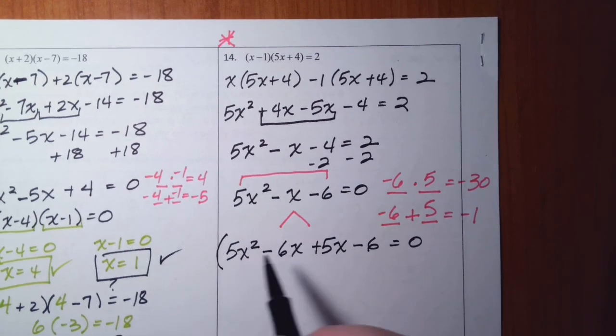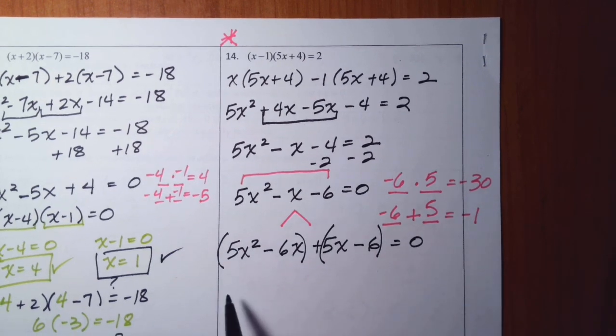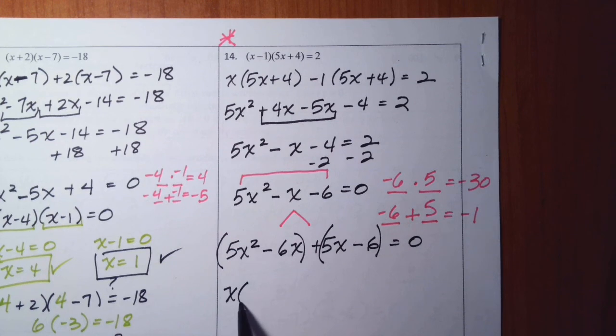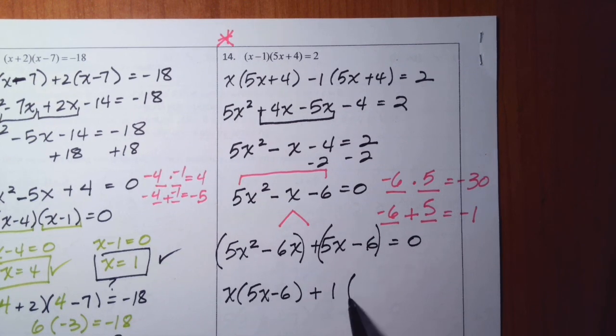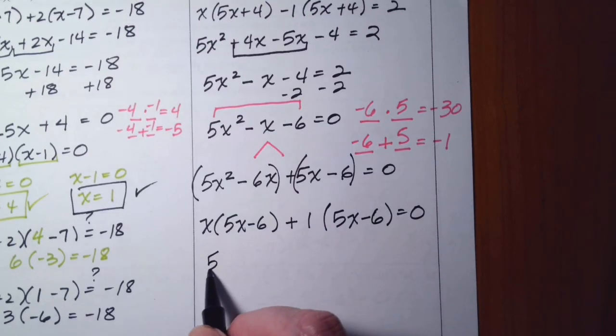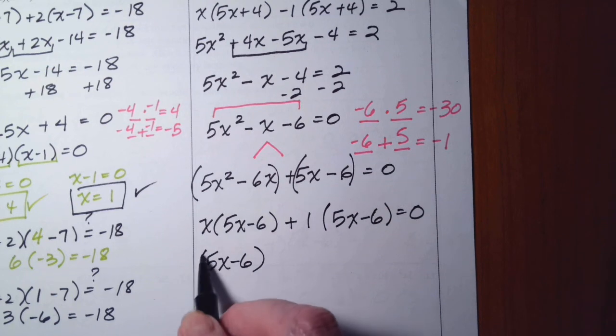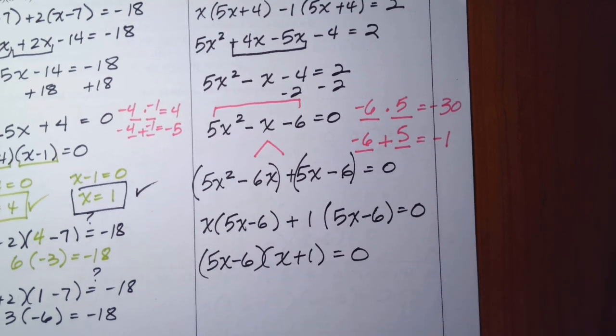So now I can group them. GCF here is x times 5x minus 6. GCF here is 1 times 5x minus 6 equals 0. Now I have a common binomial factor of 5x minus 6 times x plus 1.